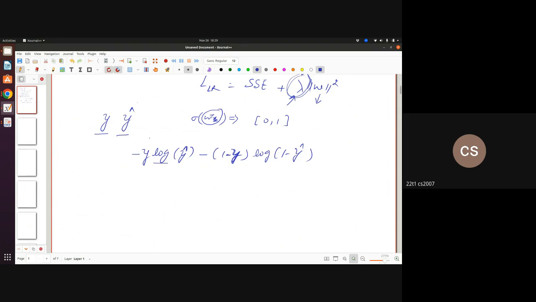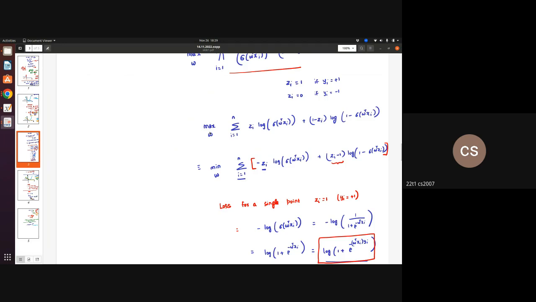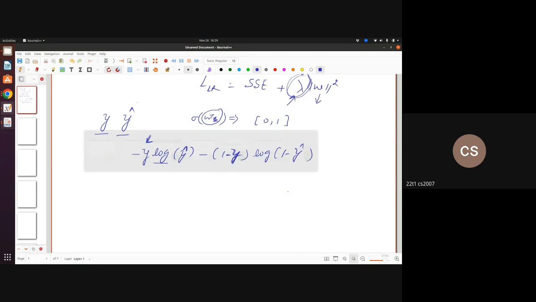Now, what are the possible values of y? The possible values of y are 0 and 1, right? So this particular formula is used when y is represented as 0 and 1. I mean, the positive class is represented as 1 and the negative is represented by 0, right?